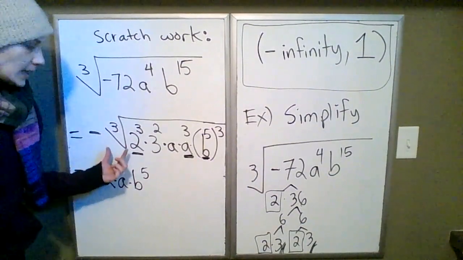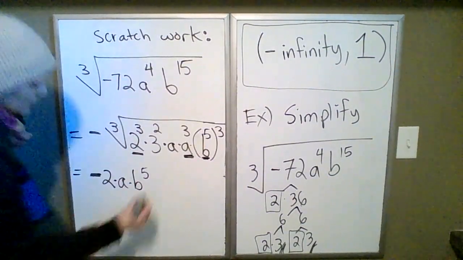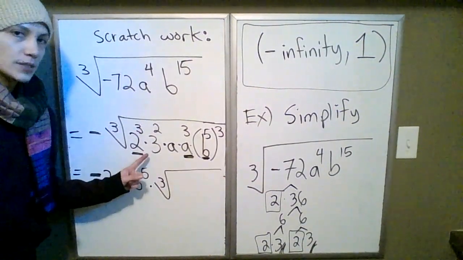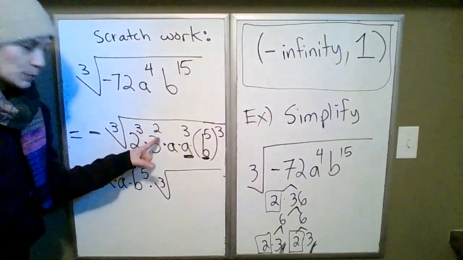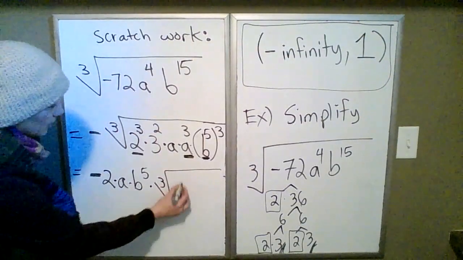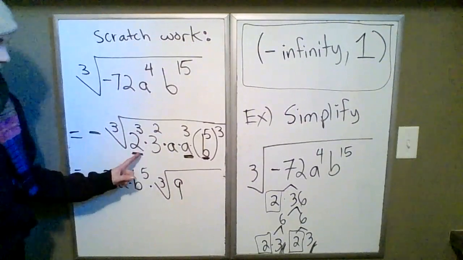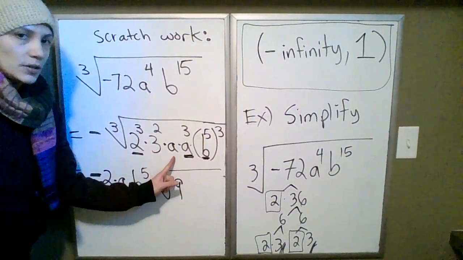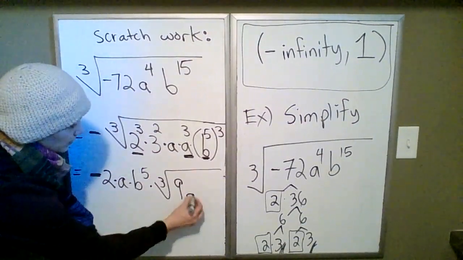Okay. And then under the cubed root is this 3 squared, which is 9. Since its power is less than the root, it's not going to simplify further. It stays like that. And this A right here also stays under the root.